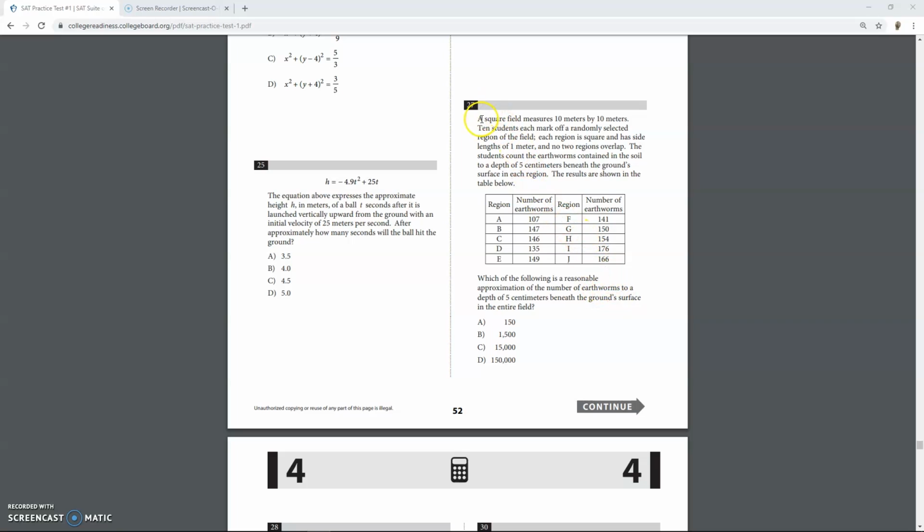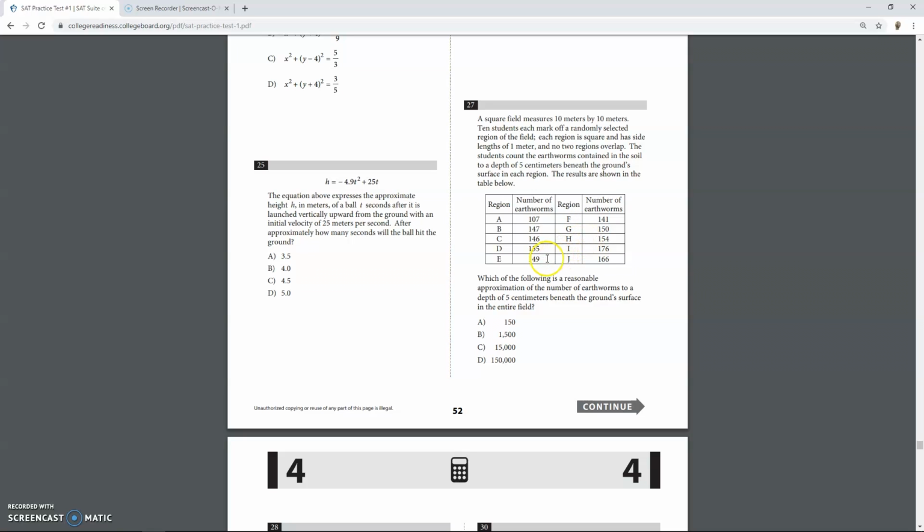And so from here we see each region is a square and has a depth of 5 centimeters beneath the ground surface in each region. And so that means we just directly need to find the number of all the regions added together. That will be just putting each value into the calculator and adding them together, which will be approximately 1500 here.